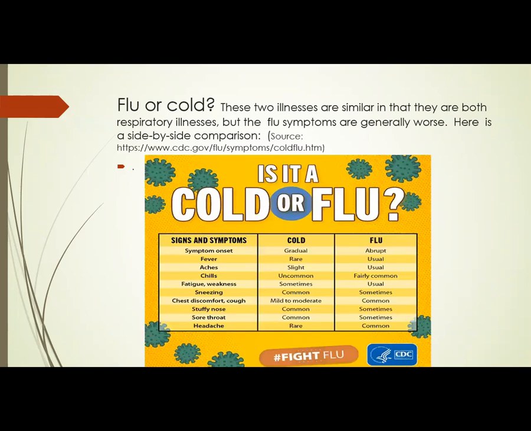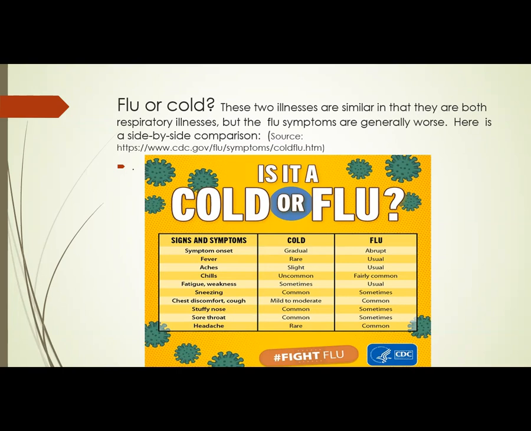So, is it the flu or the cold? They're caused by 2 different viruses, but they look a lot alike at first. The common cold usually has milder symptoms, like a runny nose or a stuffy nose, sneezing, and a sore throat. The flu, however, often comes with more severe symptoms like a high fever, those body aches that come with a fever, fatigue, and coughing.